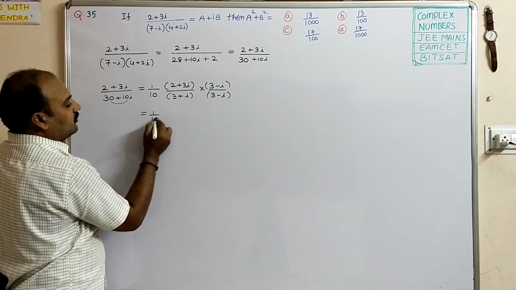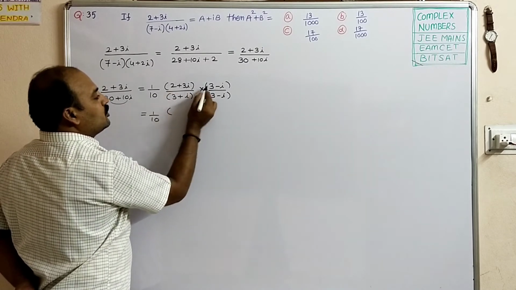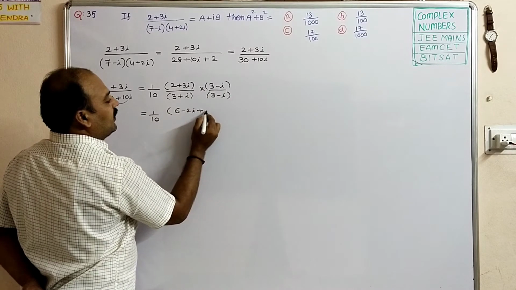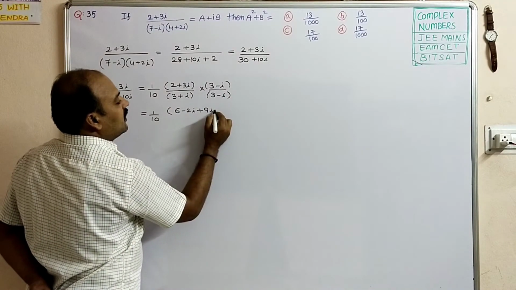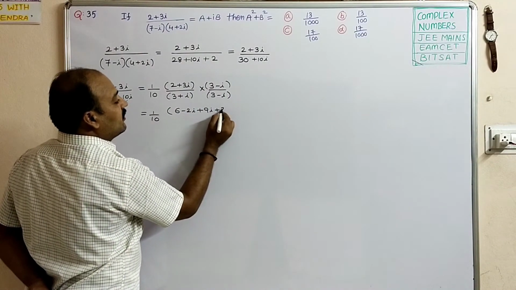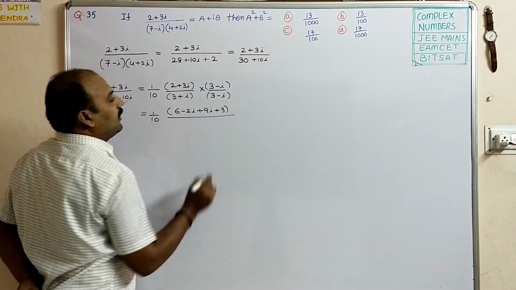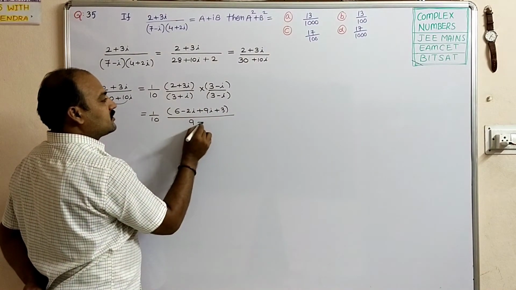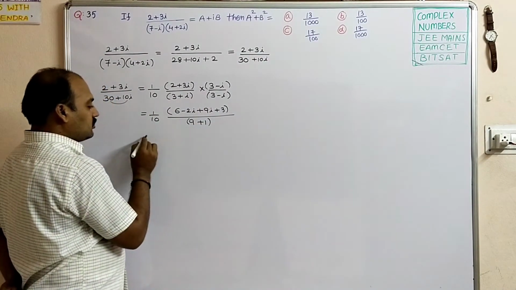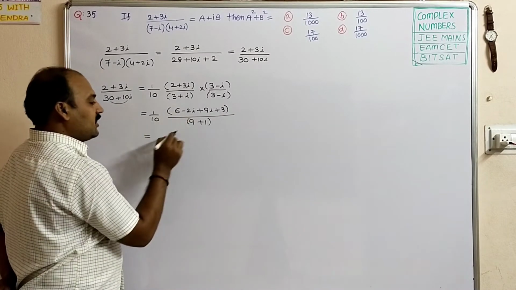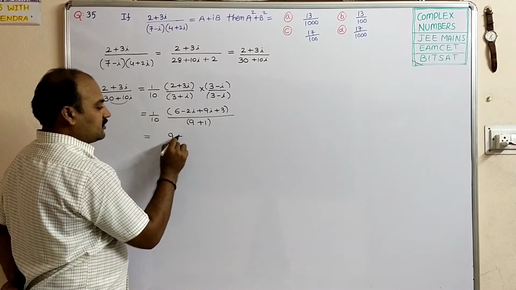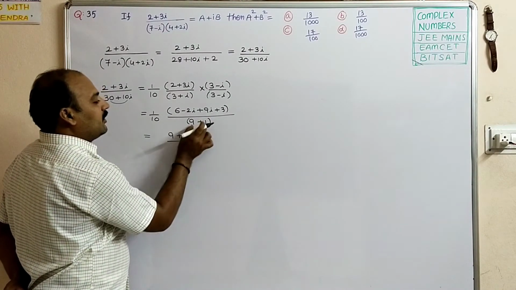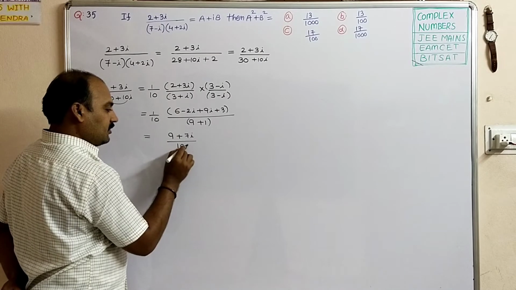1 by 10, numerator value 2 into 3 is 6, 2 into minus i is minus 2i, plus 9i, minus 3i square, value minus 1, so plus 3 will come, divided by a plus b into a minus b, so 3 square means 9 plus 1, so which is equal to 6 plus 3 is 9, plus 9i minus 2i is 7i, divided by 10 into 10 is 100.